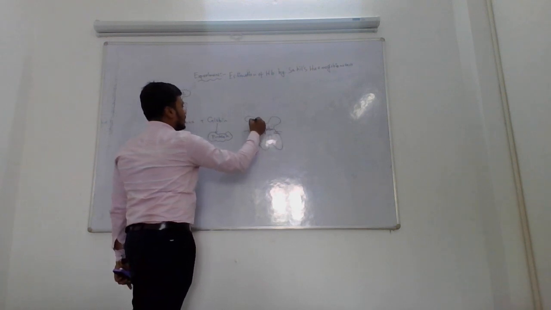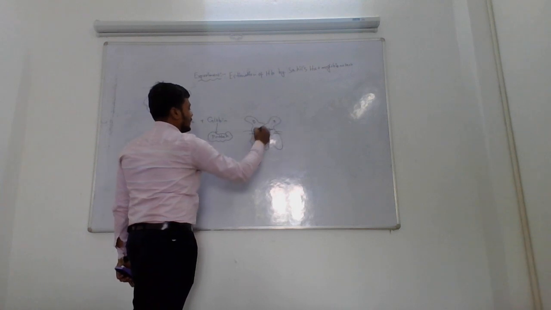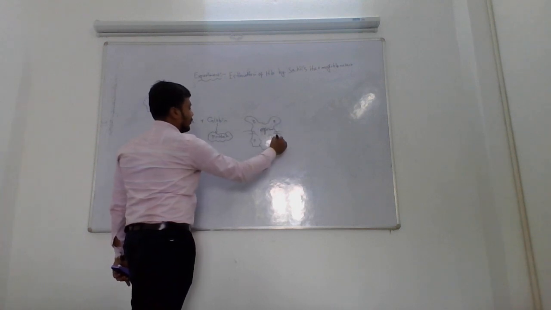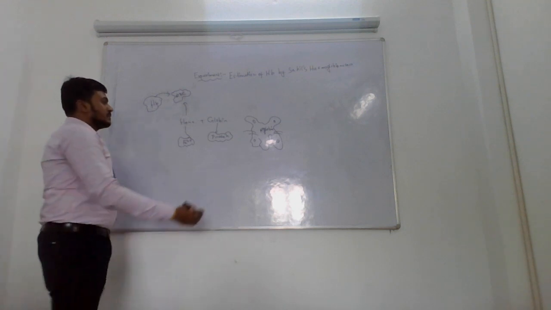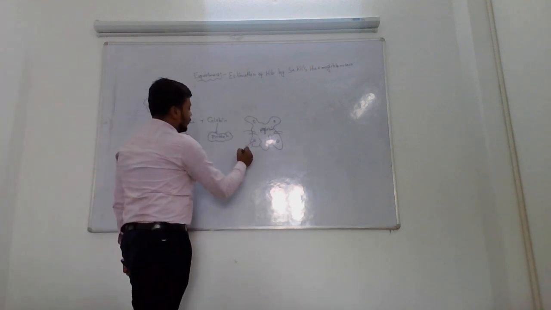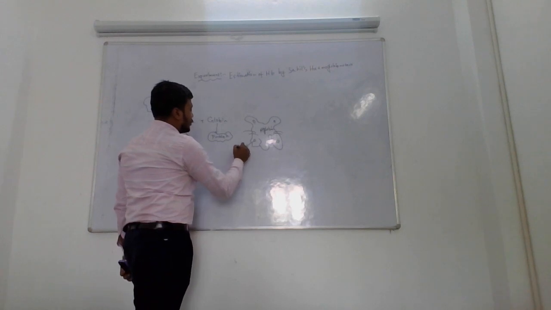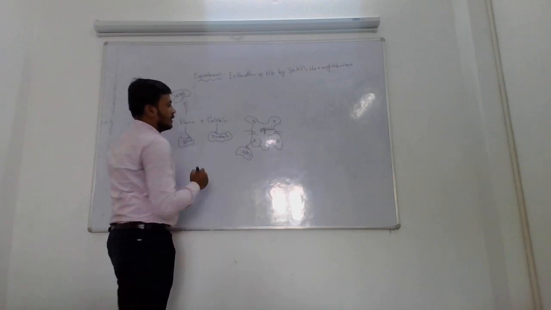So this globin has the capacity to take up 4 hemoglobin in a unit. That means 4 O2 can be bound in a particular hemoglobin.